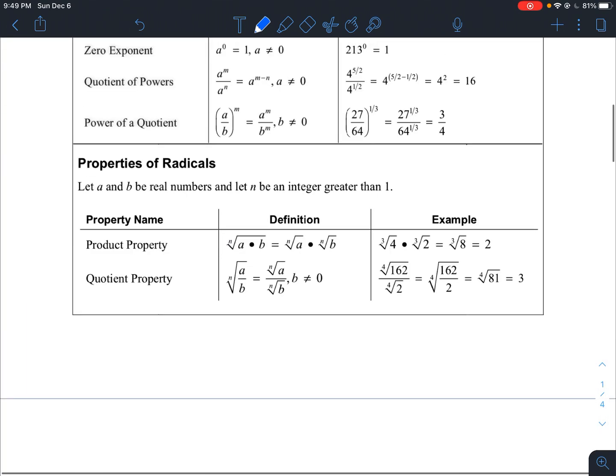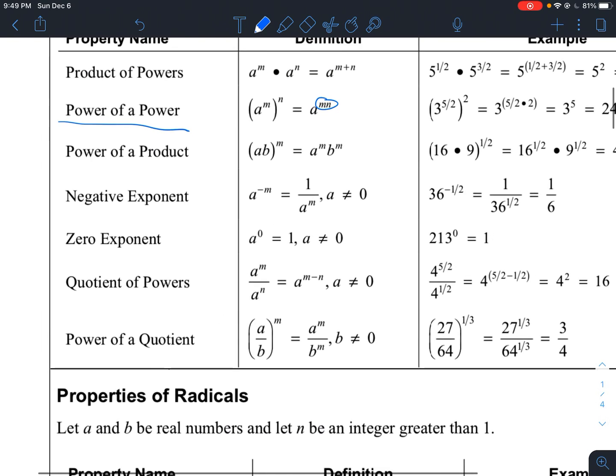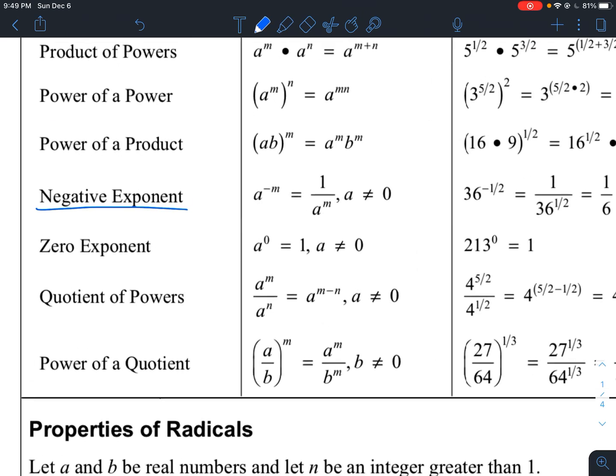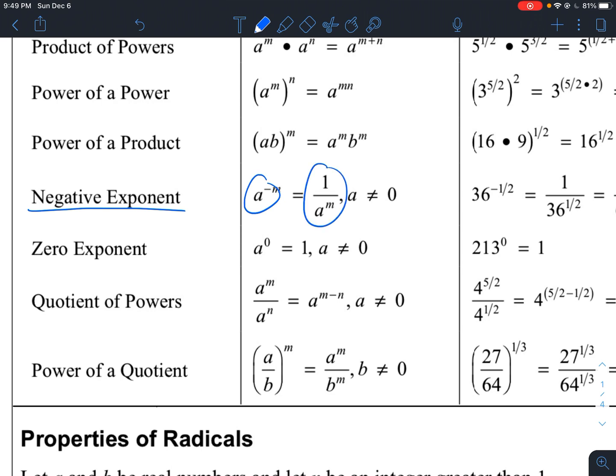Now we have a new rule. So what can we do with negative exponents? So we have that one right here. A negative exponent is the same thing as the reciprocal of it, but with a positive exponent. So you see here that a to the -m is the same thing as 1 divided by a to the m, positive m.